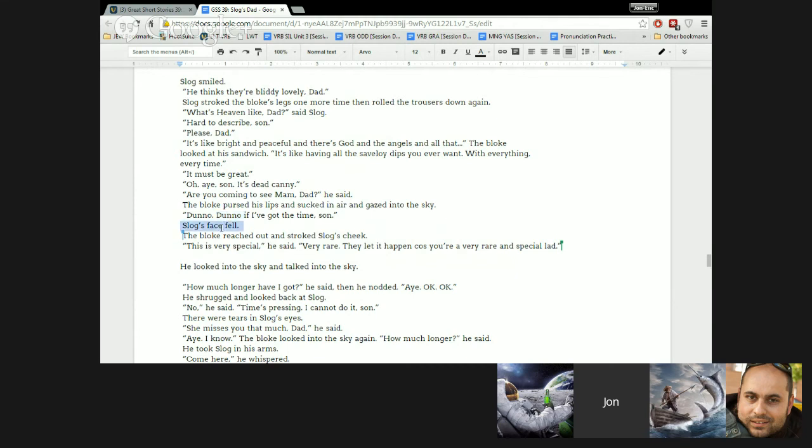Slug's face fell. What happened to his face? His face fell off and it's on the ground? What happened to his face? Sad. He gets sad. Turn gray. Yeah. So his face fell. That means the emotions. He was smiling and his smile dropped and he has this blank face. In other words, he expected the guy to come home with him.